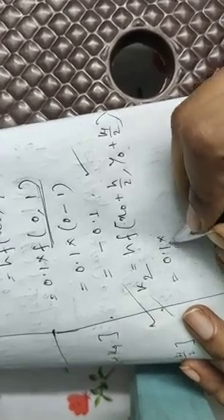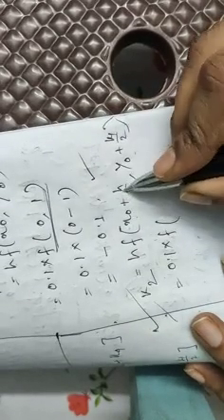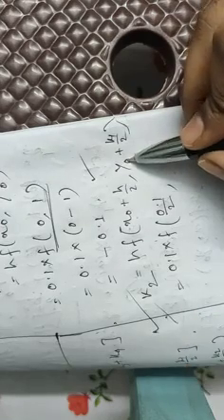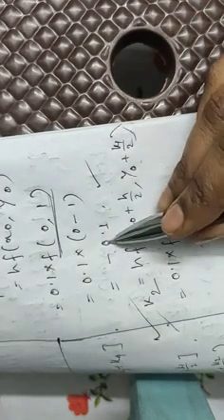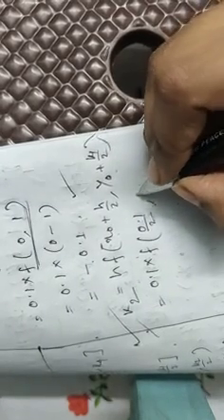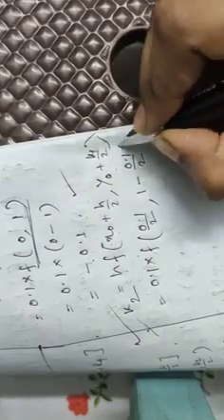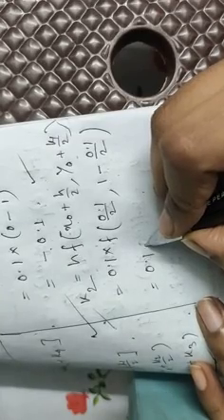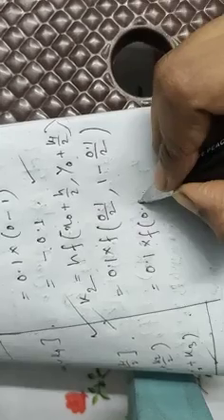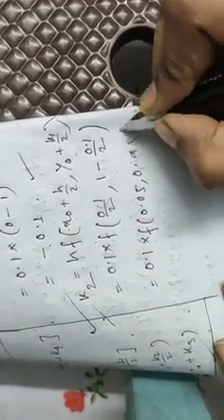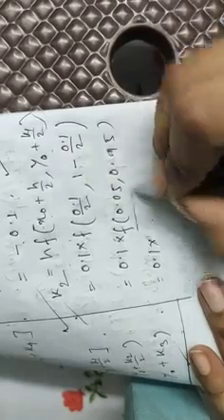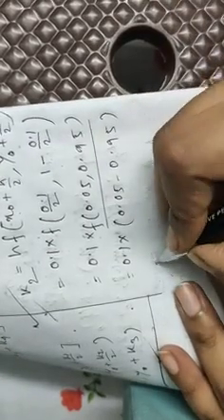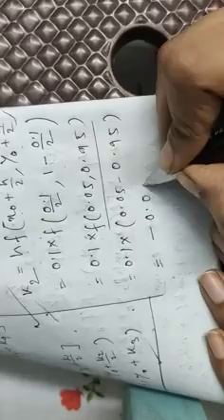So 0.1 into f of (0 plus 0.1 by 2, 1 plus minus 0.1 by 2), that means 0.1 into f of (0.05, 0.95), that is 0.1 into x minus y, so ultimately it will become minus 0.09.